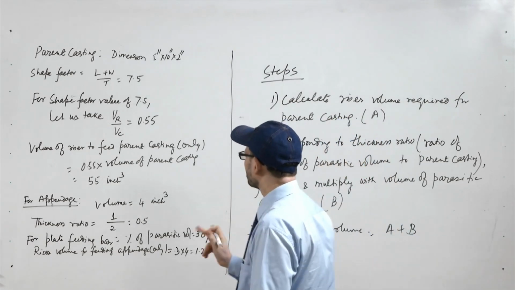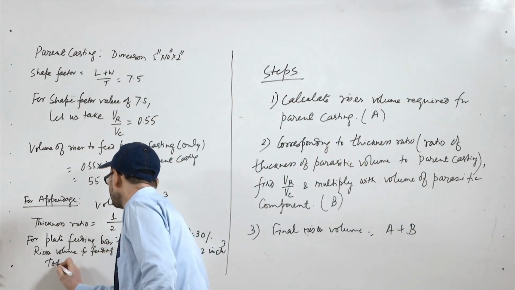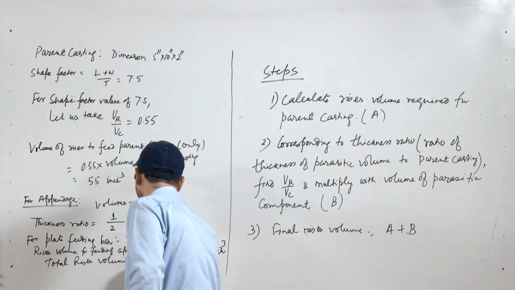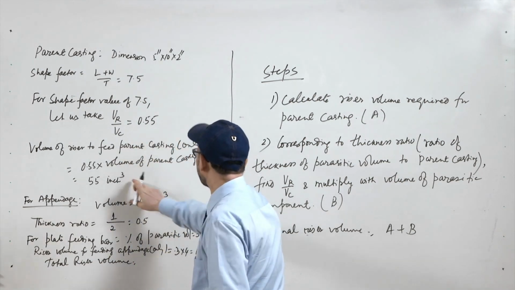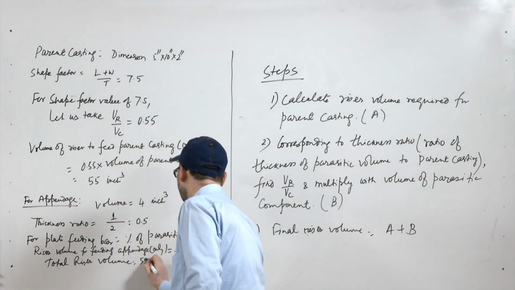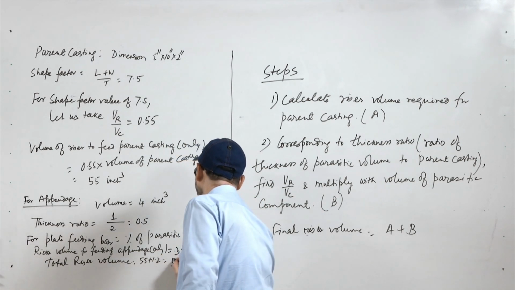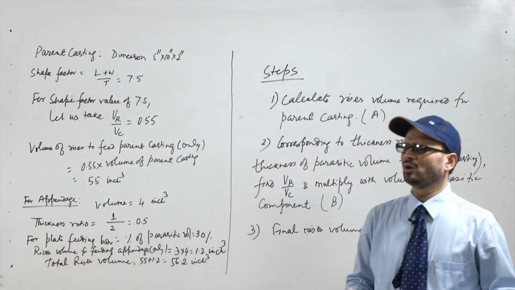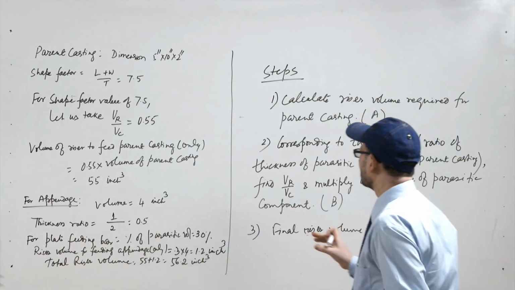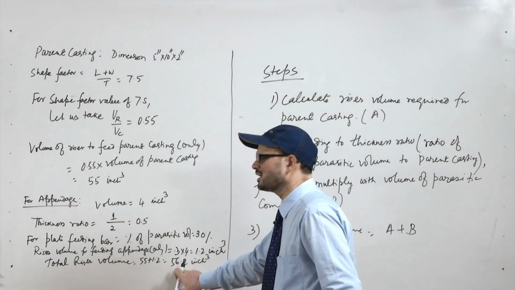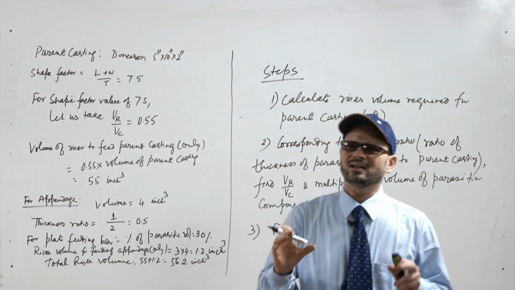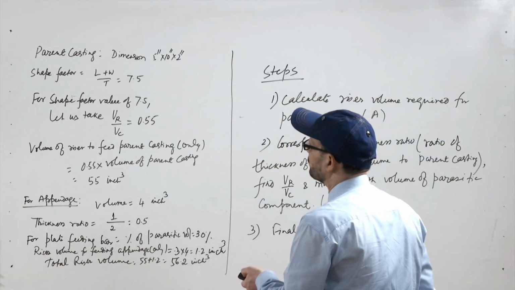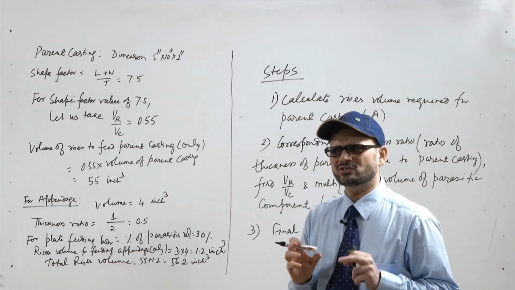So, the total riser volume will be 55 plus 1.2, that is 56.2 cubic inches. This is how you can calculate the total riser amount which will take care of the shrinkage in the parent casting as well as in the appendage attached to the main casting.